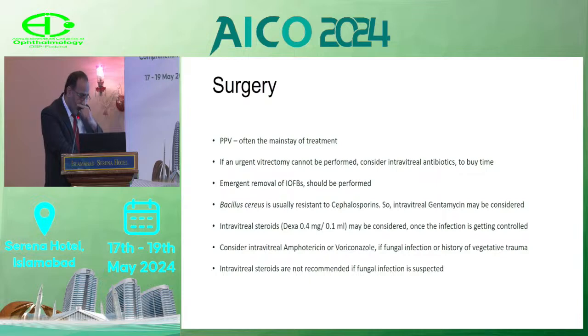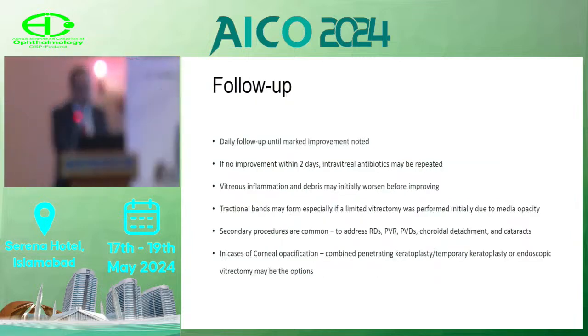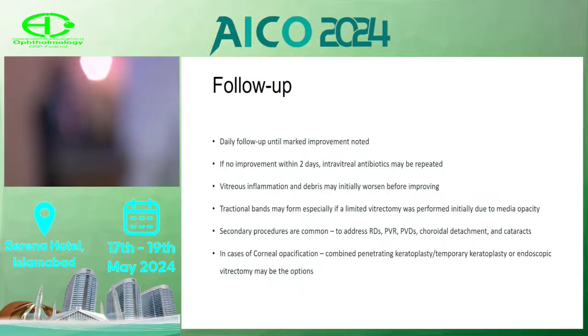Emergent removal of the intraocular foreign body is important. Intravitreal steroids may be considered once the infection is getting controlled. Intravitreal amphotericin or voriconazole if fungal infection is suspected. Intravitreal steroids may not be recommended in fungal infections, as we just said.